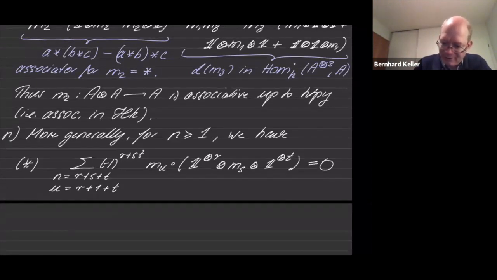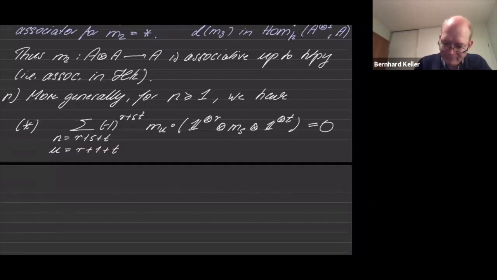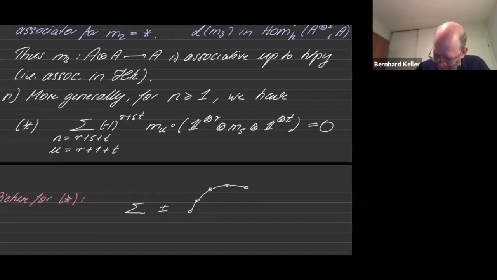And here's a picture. The traditional picture for this identity is, so we have a sum with signs plus or minus of, this symbolizes the tensor of arguments, and 1, 2, 3, 4.